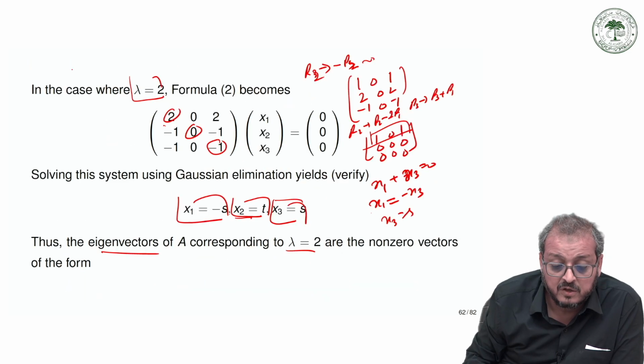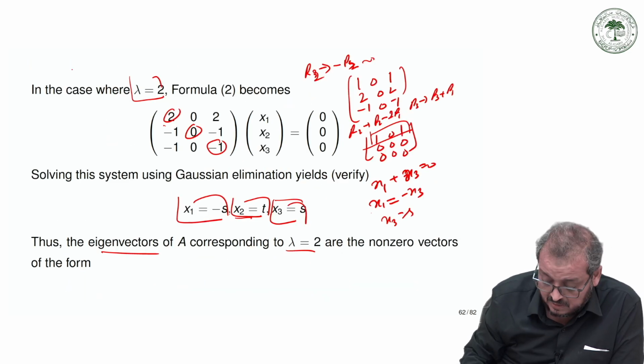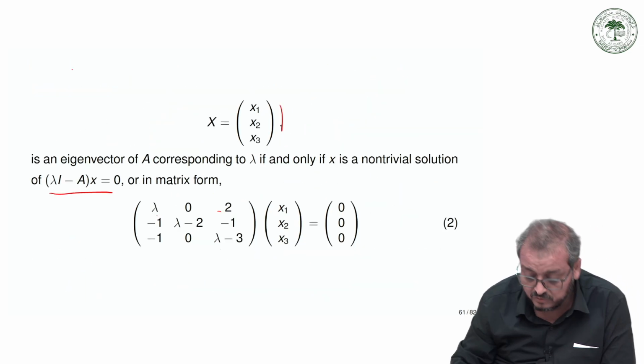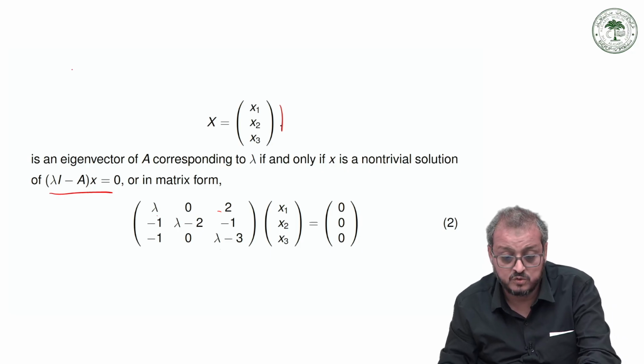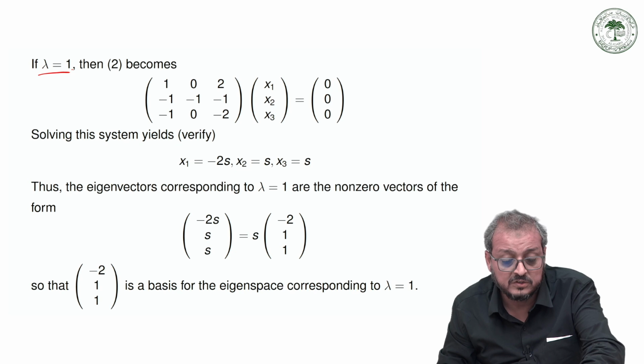Okay, now for lambda equal to 1, we have the matrix with 1 minus 2 equal to minus 1 and so on, so we have 1, minus 1, minus 2.